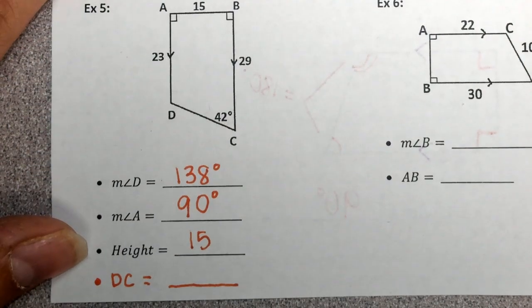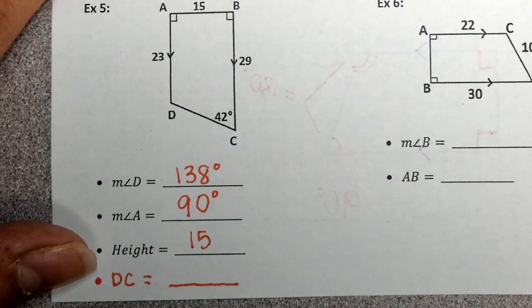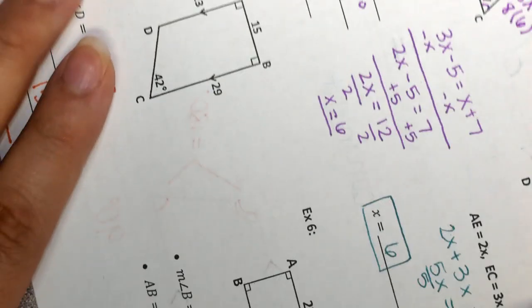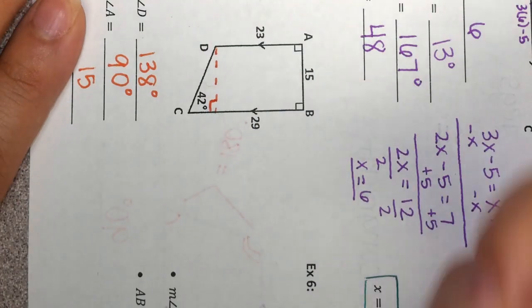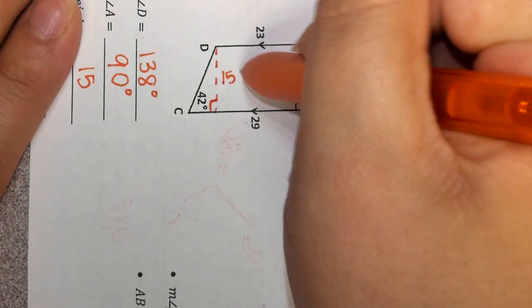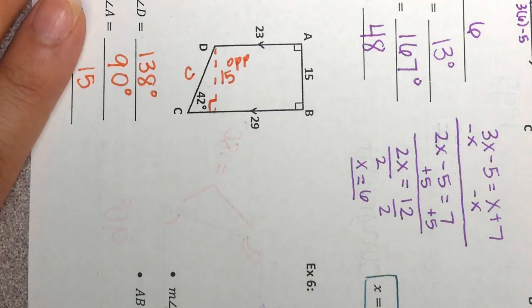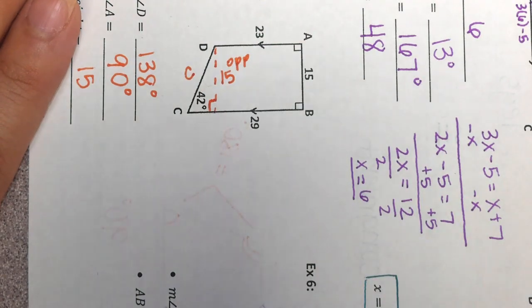Now, how do you find DC? You can do it two ways. You can say, I have a 90-degree angle, this is opposite, and I'm looking for the hypotenuse, so do sine. Or you could do the Pythagorean theorem.